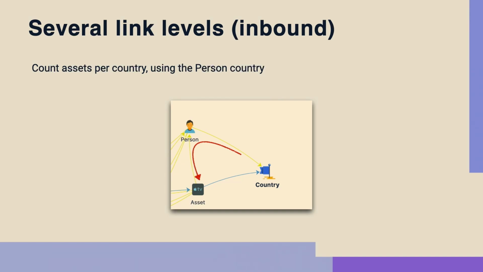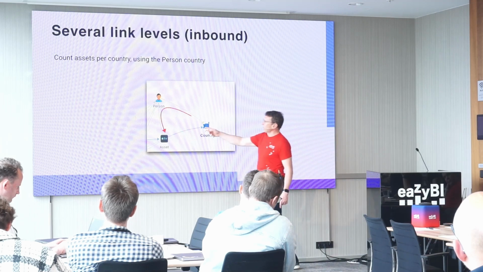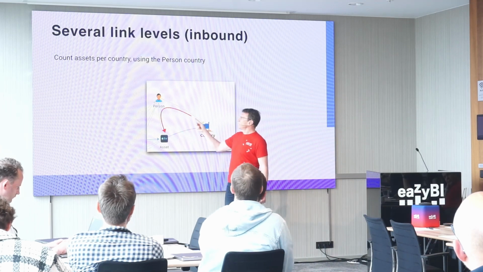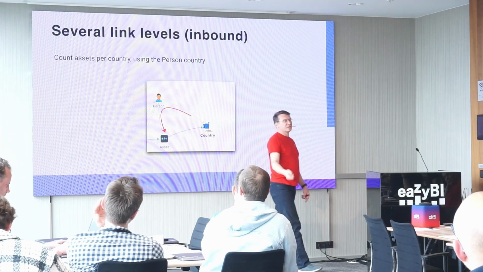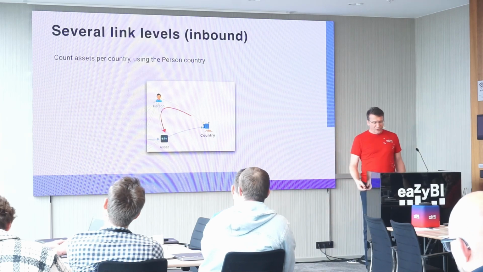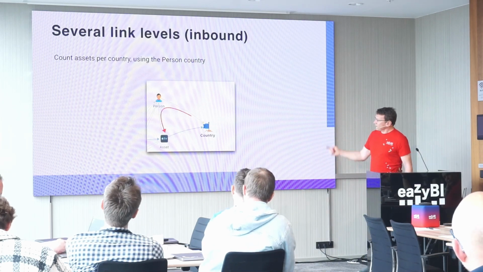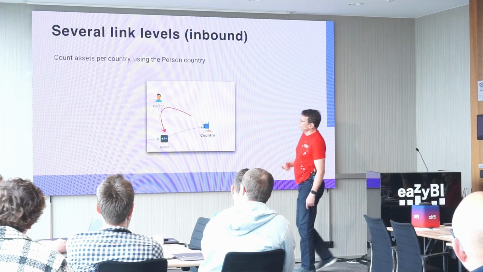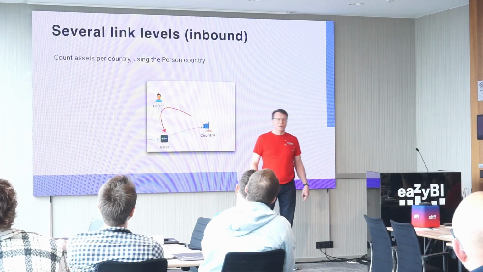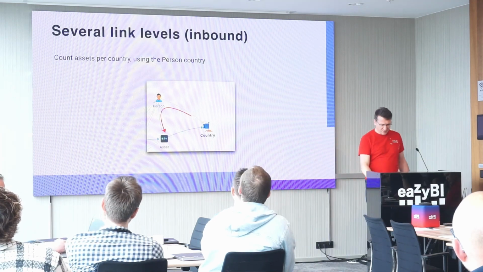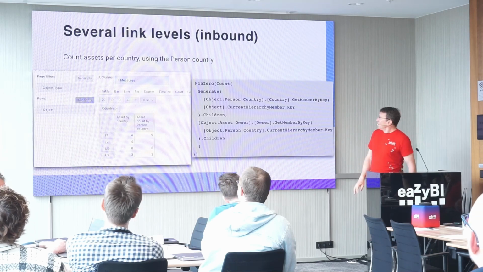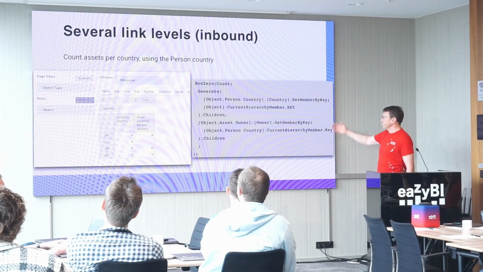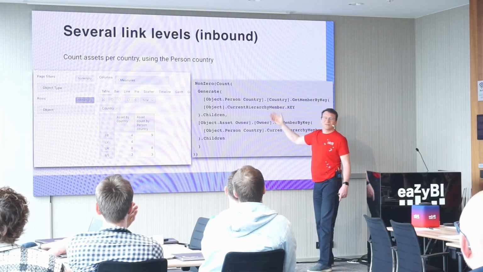So to see the count of assets per country, but not those which have direct inbound links, but through the person who is the asset owner. That means navigating two levels of inbound links from country to the asset. That's how it works.